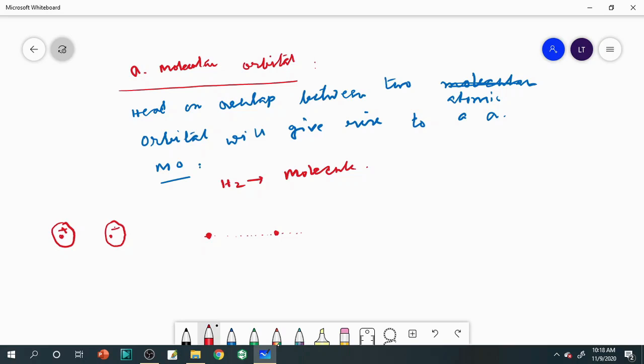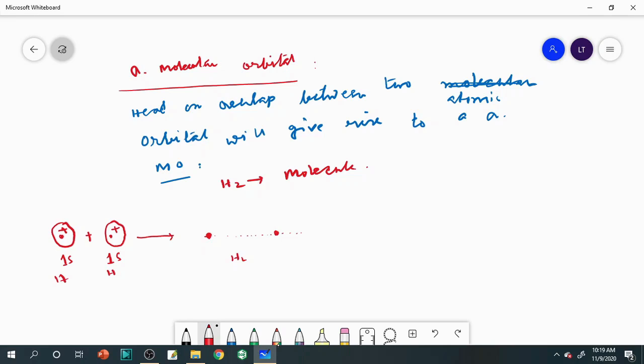Now if the signs of the two atomic orbitals are the same, in that case there will occur bonding interaction, and that bonding interaction will lead to a stronger bond leading to the formation of the molecule. So this is one hydrogen atom, this is another hydrogen atom, and this is the H2 molecule.